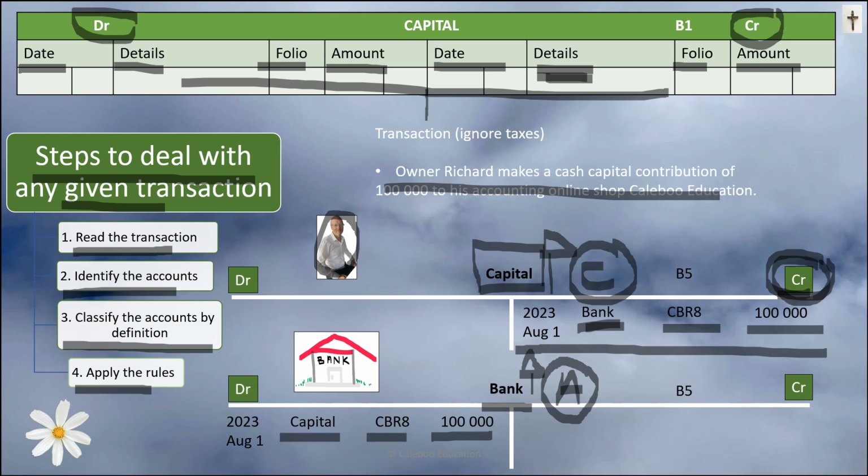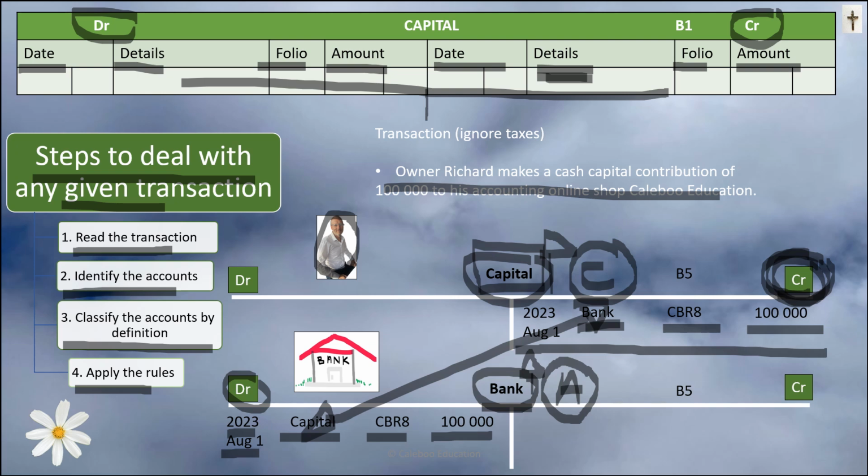Under details, we have the name of the other account. So there you can see there's a link between these two accounts. Capital was credited, and bank, because it was an increase in assets, is debited. And there's the date the transaction took place, 2023, August the 1st.